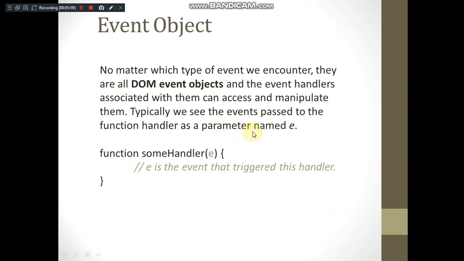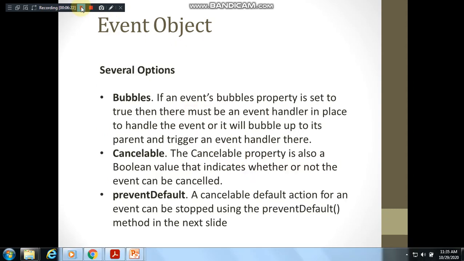So let us look into the event object. No matter which type of event we encounter, whether it's a click, move, hover, focus, all are DOM event objects, and event handlers associated with them can access and manipulate them. Typically we see these events passed to the function handler as a parameter named e. There are several options available, like bubbles, cancelable and preventDefault.